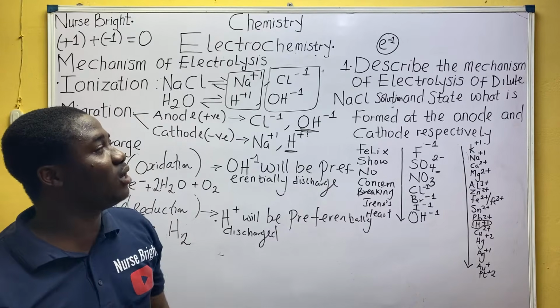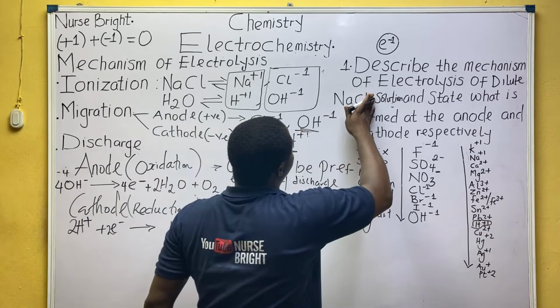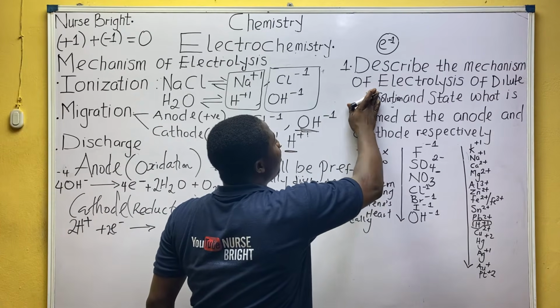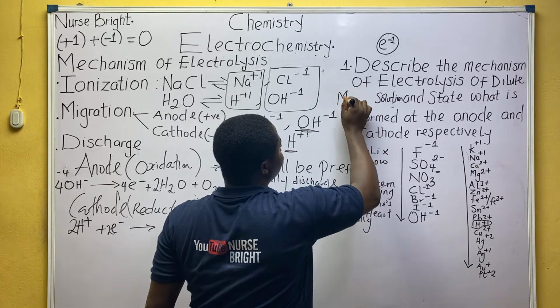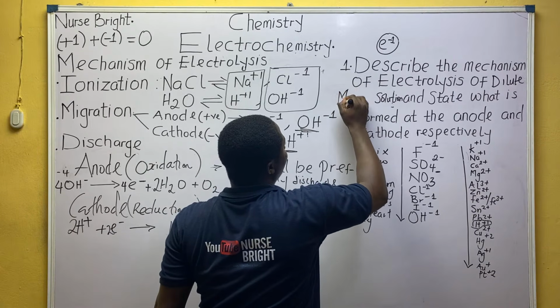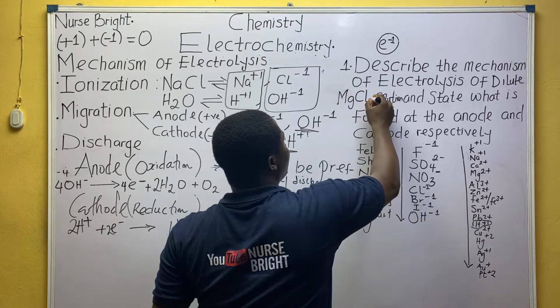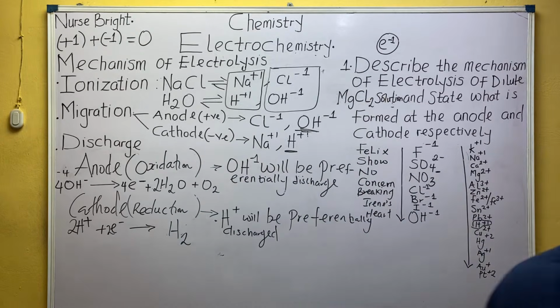Alright, so let me give you guys another question. Describe the mechanism of electrolysis of dilute magnesium chloride solution. Let me see what you guys can do. It's simple.